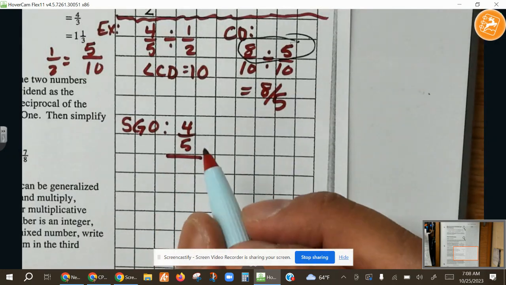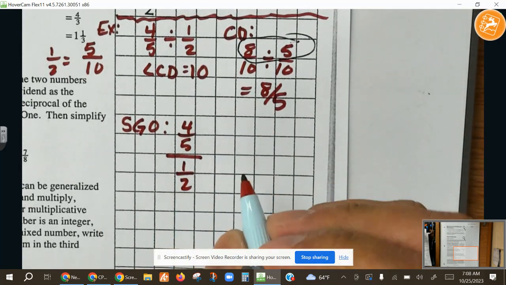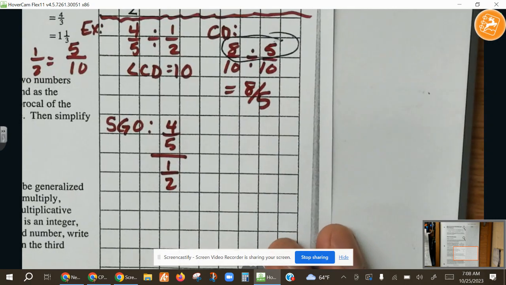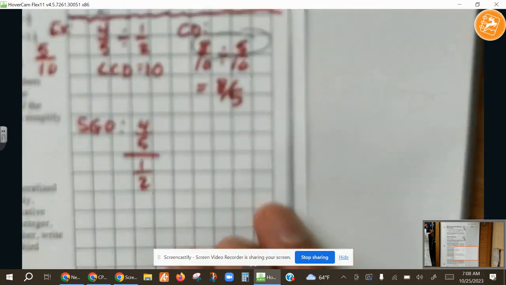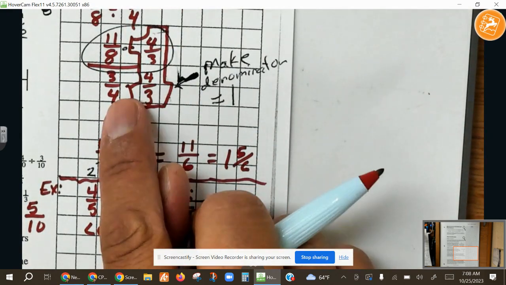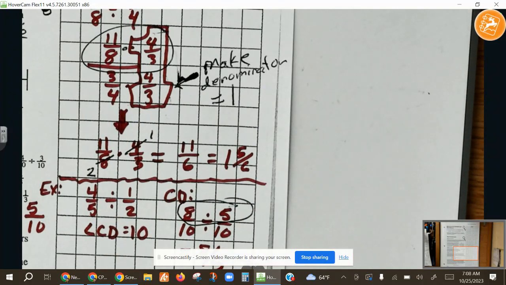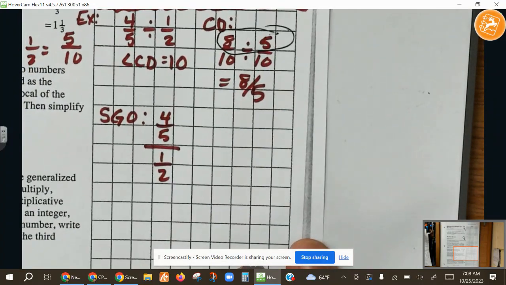We are dividing by 1/2. So that's 4/5 over 1/2. Right? Okay, so remember, what number are we looking to be in our supergiant 1? We're looking for the reciprocal of that denominator. So what is the reciprocal of the denominator?